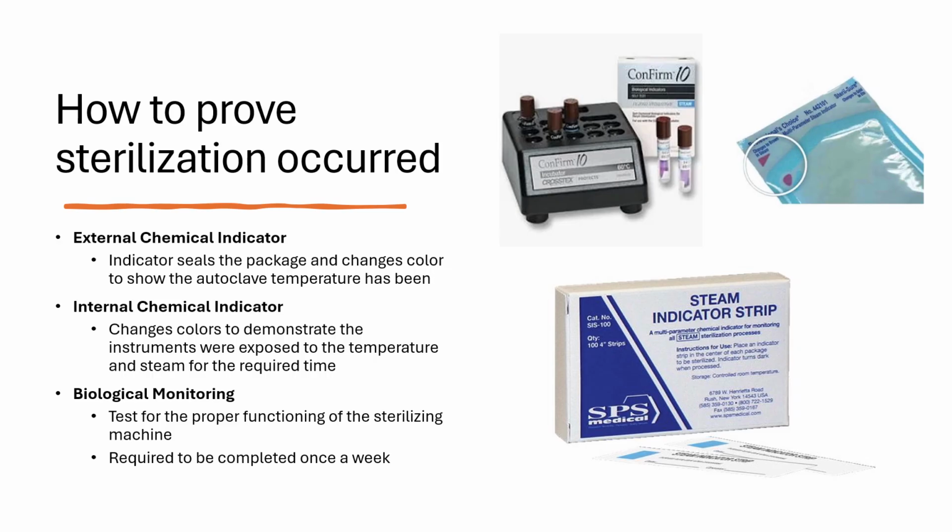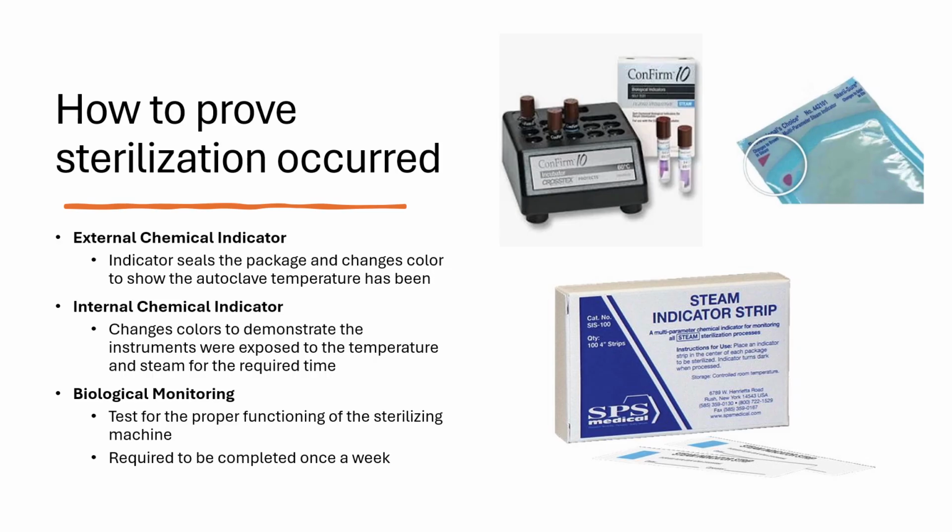Both strips are placed in this envelope and it's mailed off, and it's determined by an external entity on whether that spore had been killed. And if it was, it proves that the sterilizer is working efficiently and effectively and that the instruments are properly being sterilized.